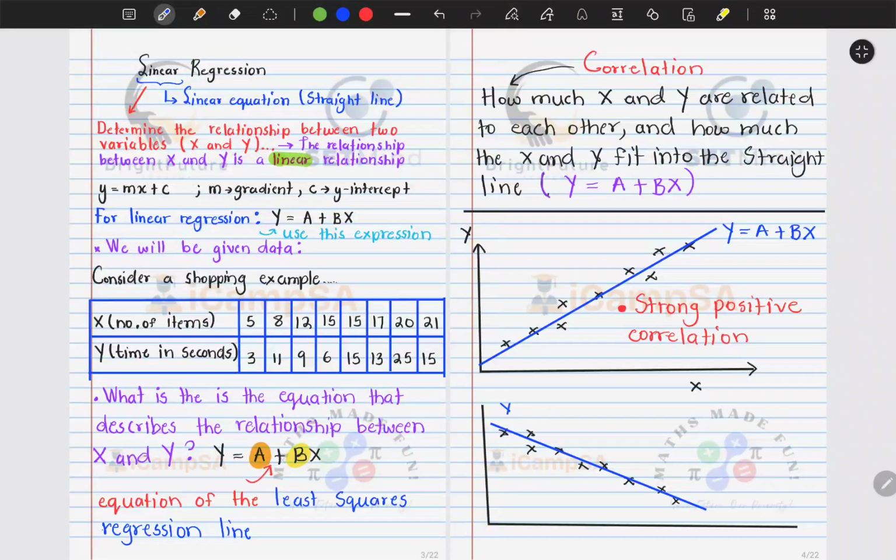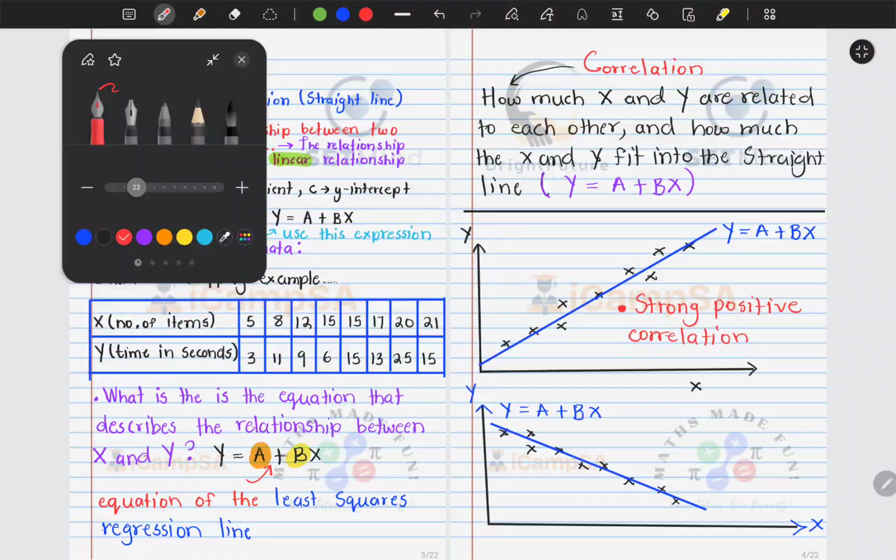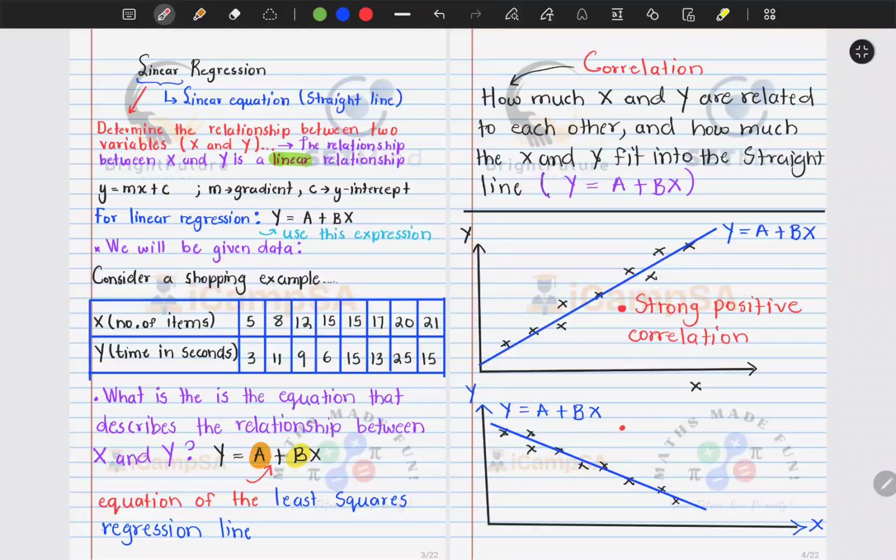Obviously the blue line is described by y equals a plus bx. That's our regression line. On the horizontal axis you have x, on the vertical you have y. If you look carefully, we have a negative slope, but the points are very close to the straight line. So this is still a strong correlation, but the gradient is negative. So we'll have a strong negative correlation when we have these kinds of points.